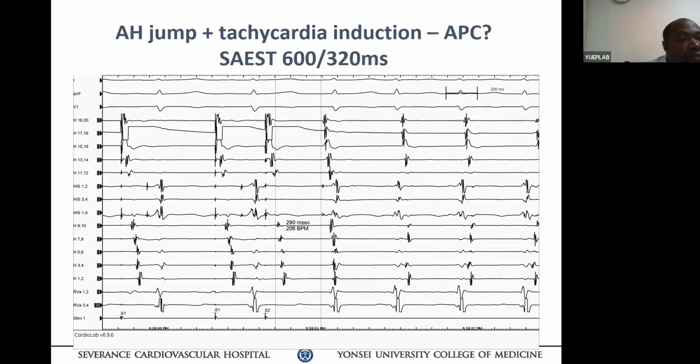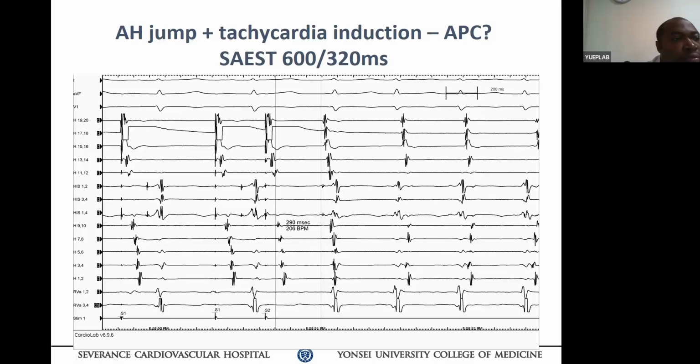What is unusual about this? Look at the HRA timing with the CS, which is earlier. Next beat, I'm talking. This one? Yeah. Is that typically what you see in AV node reentry? No, that's not typical. High right atrium is earlier than it should be. So what's the difference of diagnosis here?